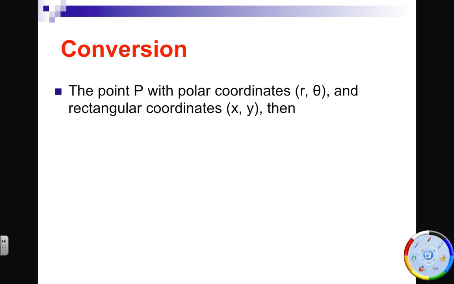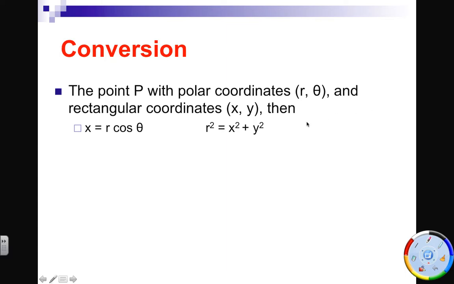If you're given a polar coordinate, we know rectangular coordinates are x comma y. And you can think a lot about what we did with trigonometry, where we found the r value using the distance formula or Pythagorean theorem, and we found the theta value by doing tangent of theta equals y over x.